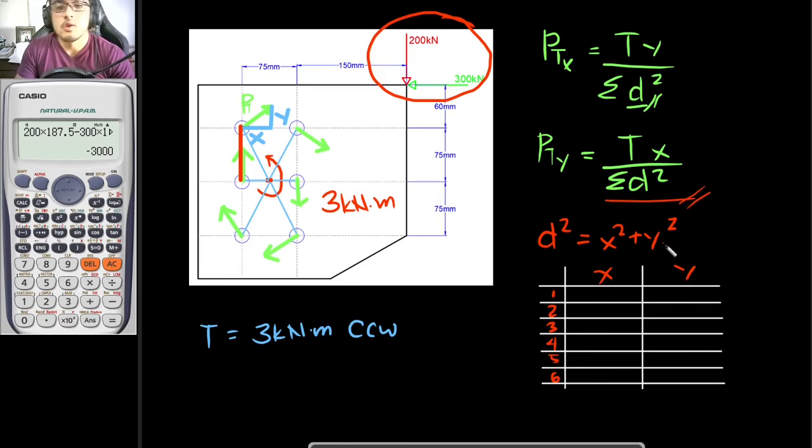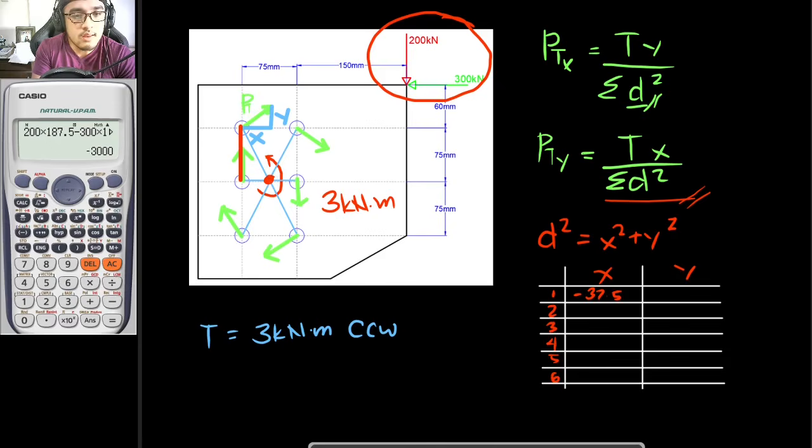So what I would be doing is just getting the x and y components here. For the first part, what is the x of this first one right here? That is negative 37.5. So that is the x distance from your centroid up until the bolt that you are analyzing.